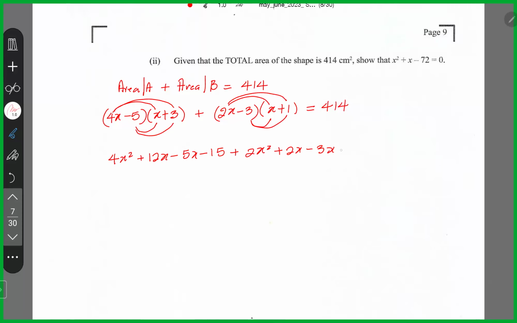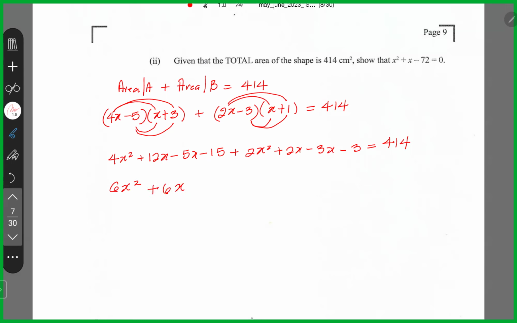Minus 3 times 1, minus 3, is equal to 414. Simplifying, we get 4x squared plus 2x squared is 6x squared. 12x minus 5x is 7x. 7x plus 2x is 9x. 9x minus 3x is 6x.